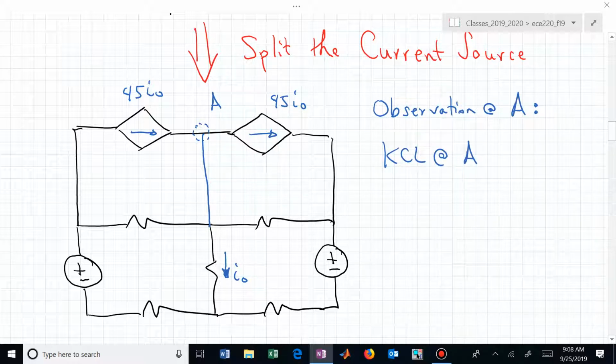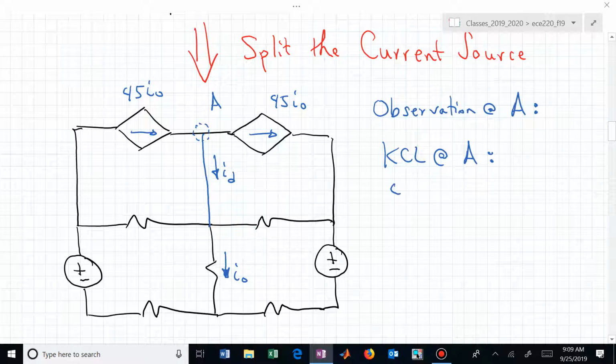Let me call this I down. I guess I should have drawn a bear there and had bear down, but it's I down. I sub D, current going down, KCL at A says what?